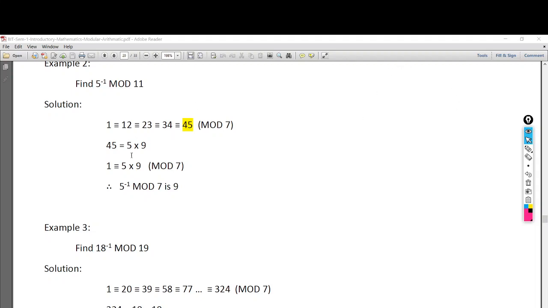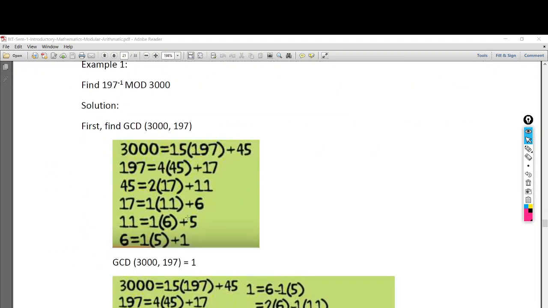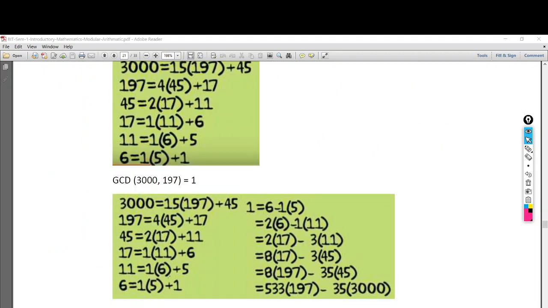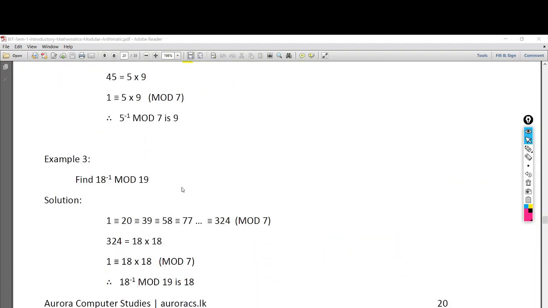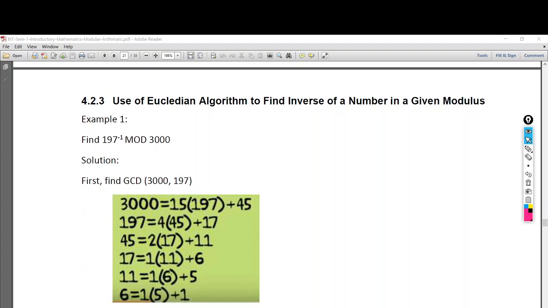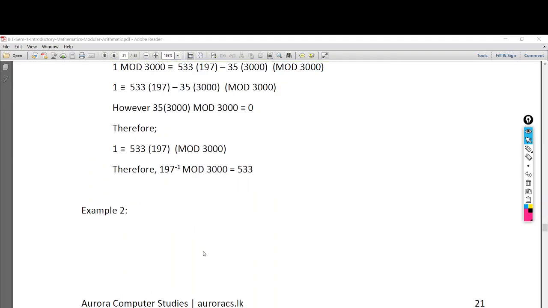So actually what we did is, rather than guessing these things, we are doing it as a backtracking like this, because this is more systematic. So you can see that ultimately this approach and this approach have a lot of similarities. Even the final step is like that. If this is multiplied by this one, and it is congruent to 1, obviously this is going to be the inverse of this one. Okay, so that is how you do it.